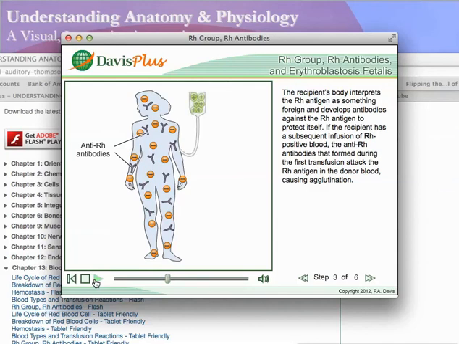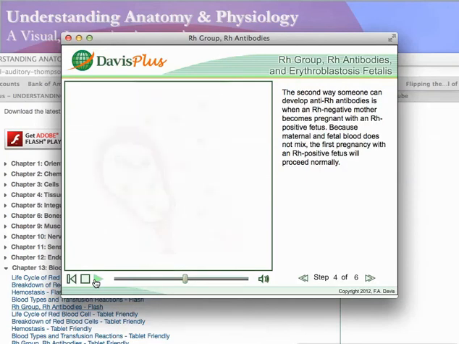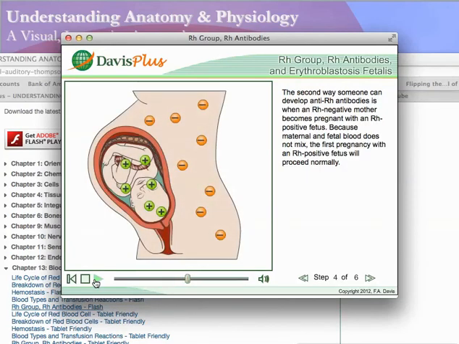If the recipient has a subsequent infusion of Rh positive blood, the anti-Rh antibodies that formed during the first transfusion attack the Rh antigen in the donor blood, causing agglutination. The second way someone can develop anti-Rh antibodies is when an Rh-negative mother becomes pregnant with an Rh-positive fetus.